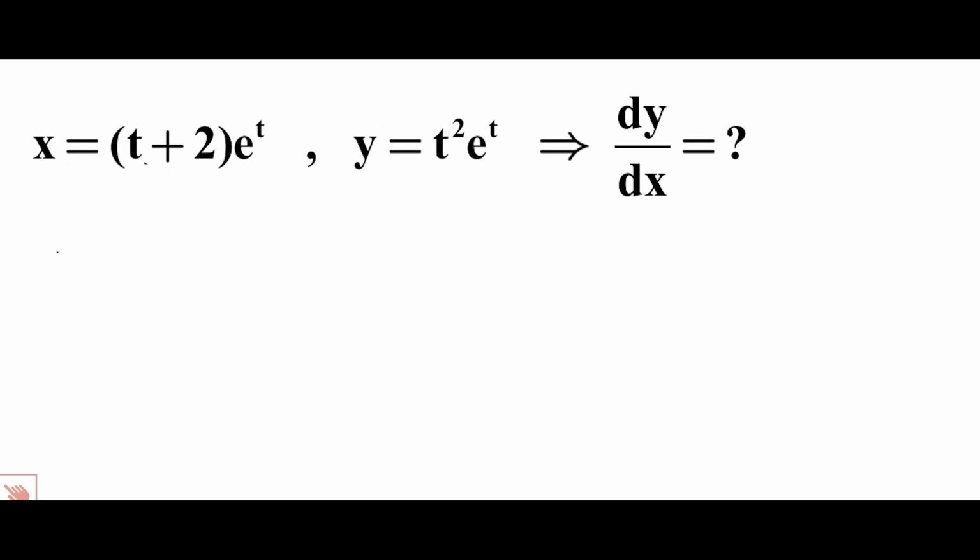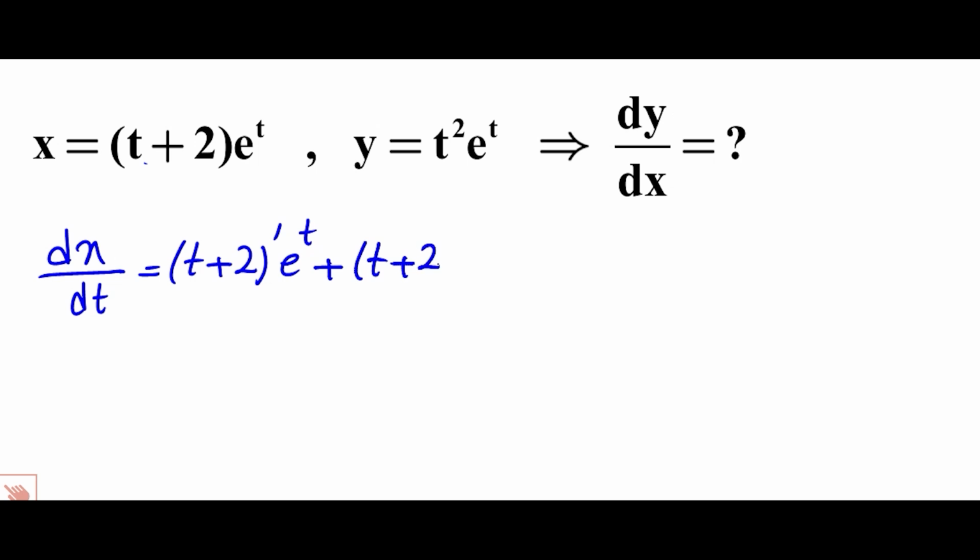First dx/dt. Since this is a product of two functions, we use the product rule. It means (t plus 2)' times e to the t plus (t plus 2) times (e to the t)'.